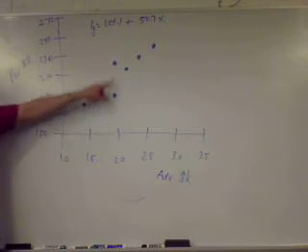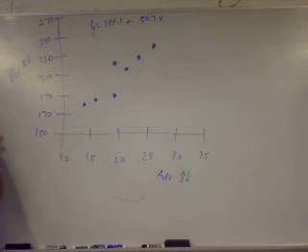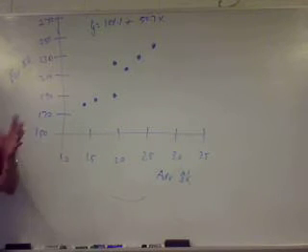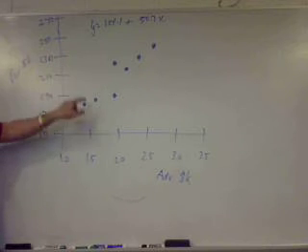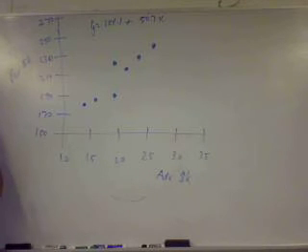We have 8 observations, 8 companies in the tried and true conglomerate. Each of these dots represents a particular company, so we have 8 dots and 8 companies.